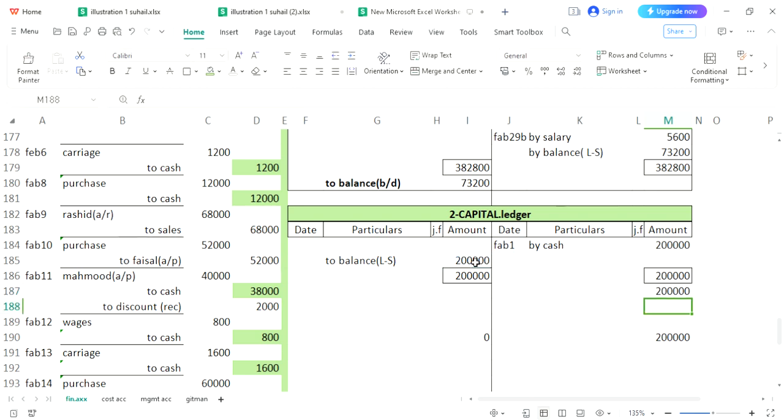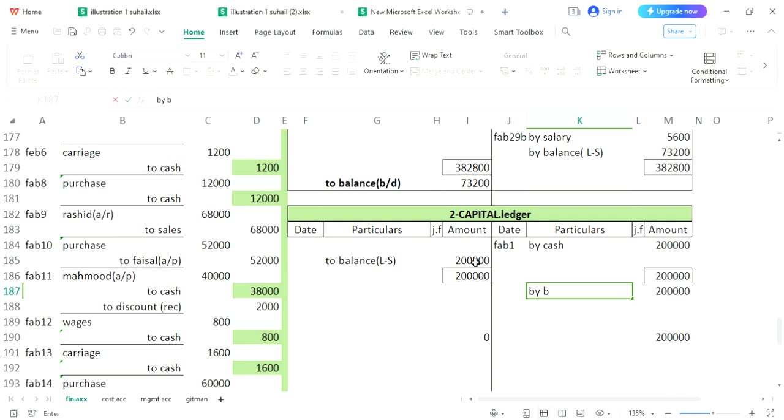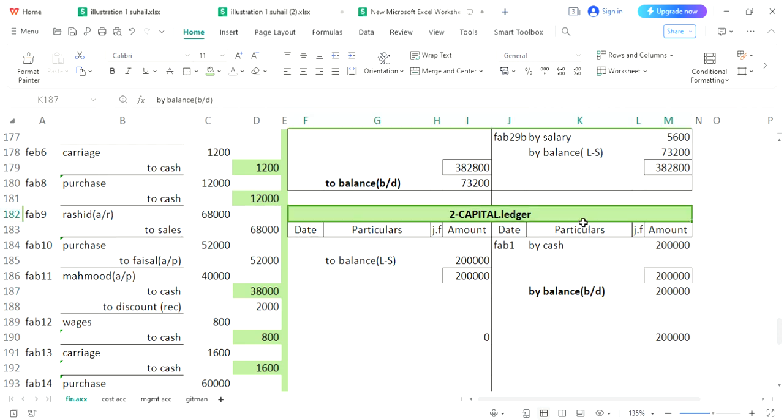Put it over here. It is also called balance, but with a twisted name. Since we have brought it downward to the opposite side, it is called balance BD. Balance BD means balance brought down. It was the sole purpose of making ledgers.